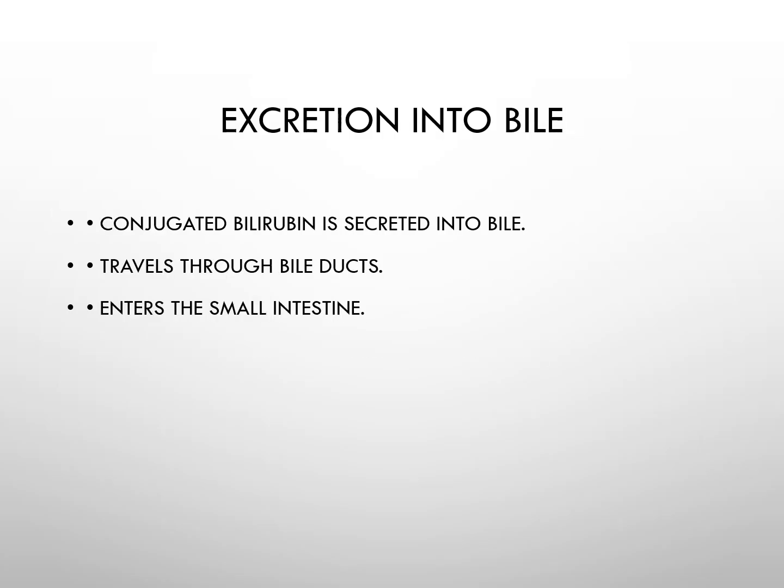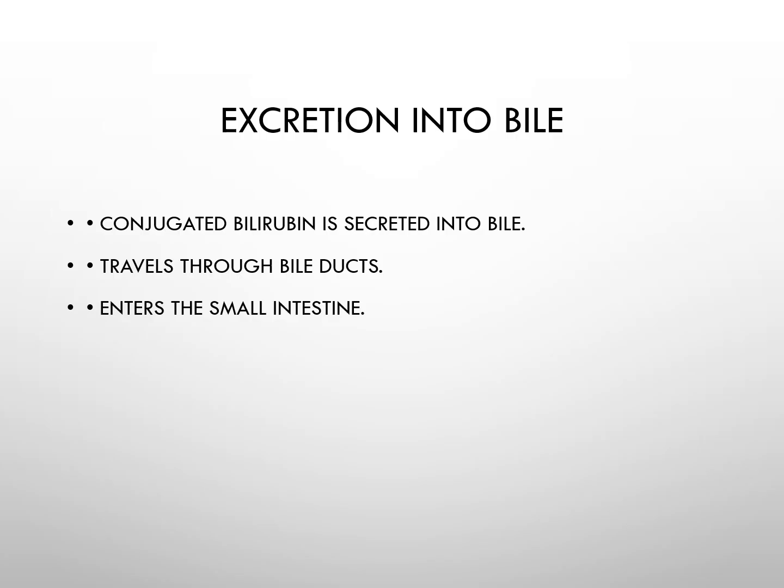The next process is excretion into the bowel. The first step is that conjugated bilirubin is secreted into the bowel. This process takes place in the hepatocyte, where insoluble bilirubin is converted into water-soluble conjugated bilirubin. Then it travels through the bile duct.